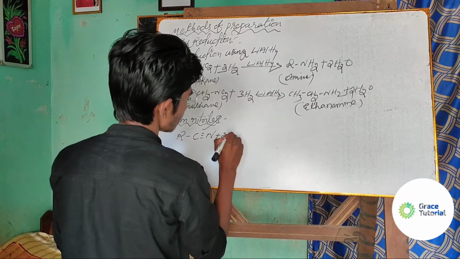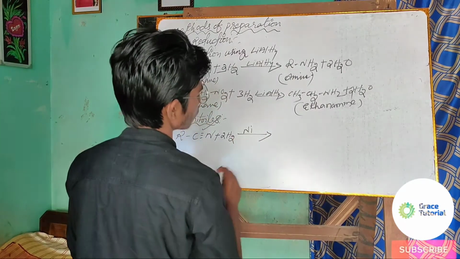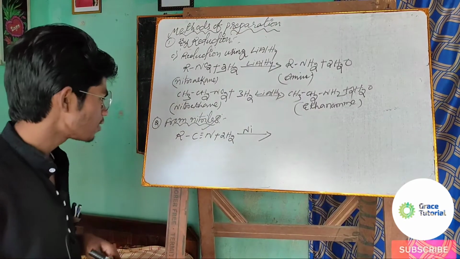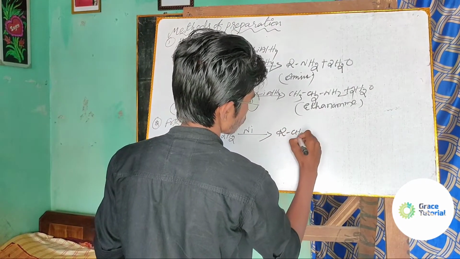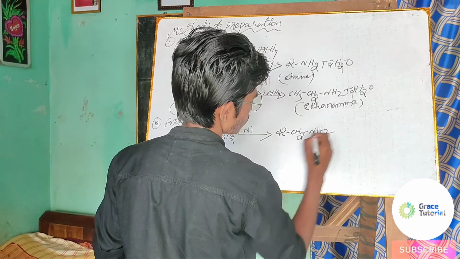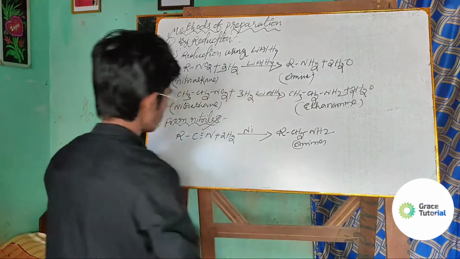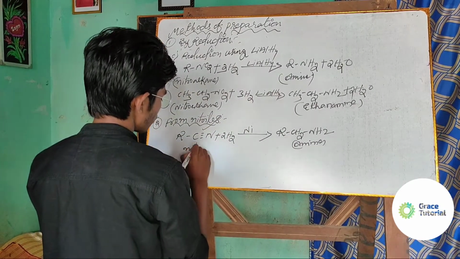When this alkyl cyanide gets reduced in the presence of nickel, or you can also use sodium or alcohol, then what happens here? Then RCH2NH2, amine, is the result. This is alkyl cyanide, or we can say nitriles.